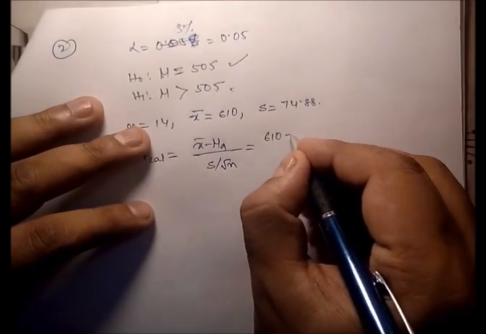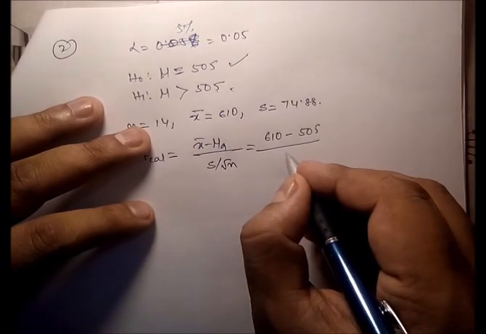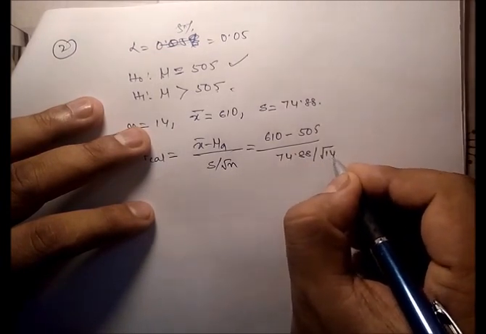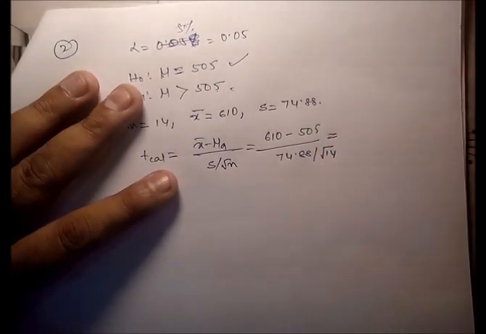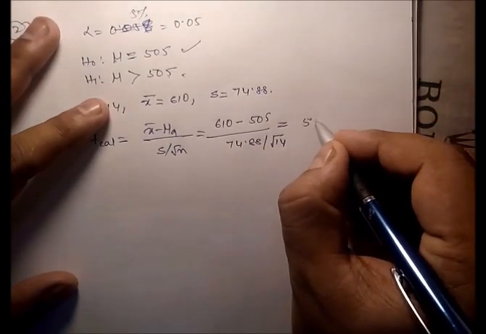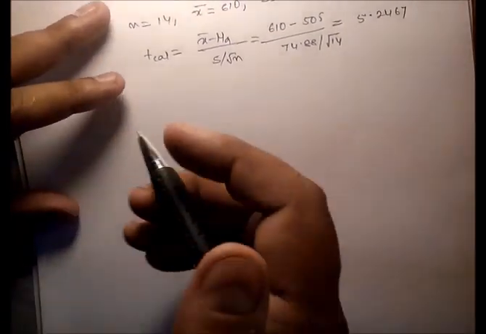So 610 minus 505 divided by 74.88 over square root of 14, because 14 data values are there. If you solve it, the value is 5.2467.